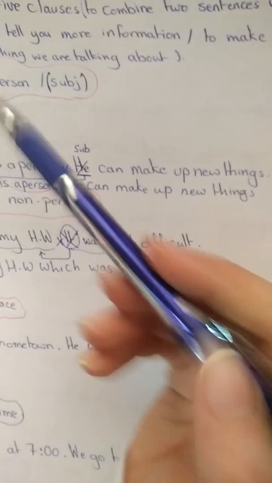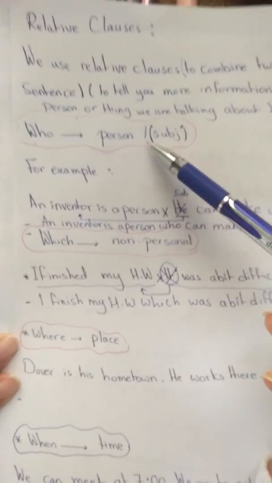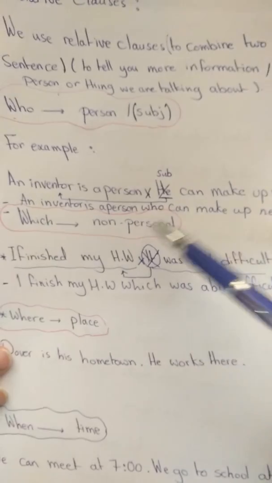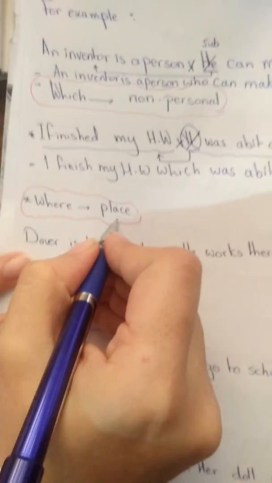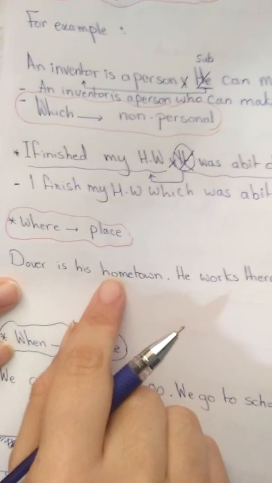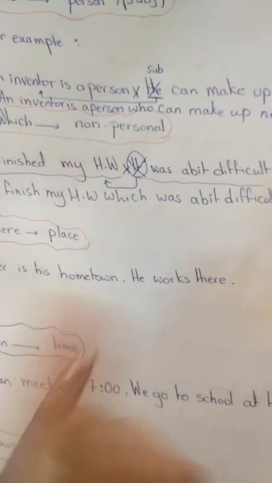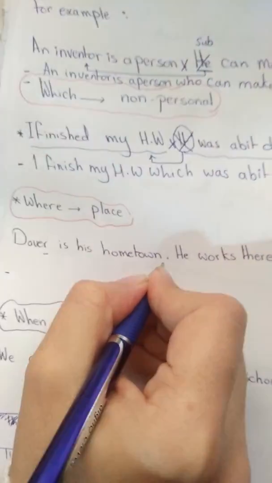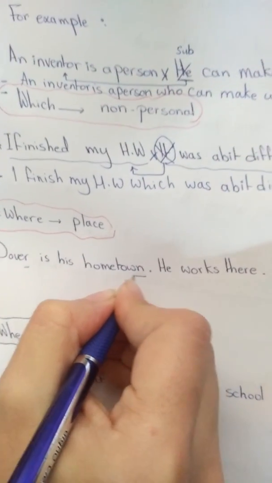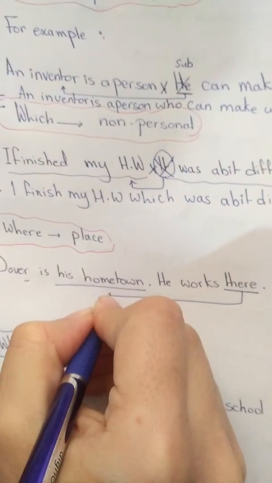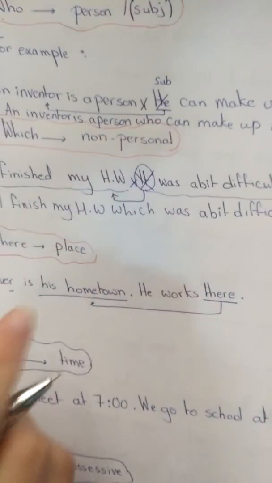The first one, who, refers to a person who comes as a subject. The second one, which, comes with non-personal. The third one, where, refers to a place. How can we use it? Dover is his hometown. He works there. There refers to his hometown.